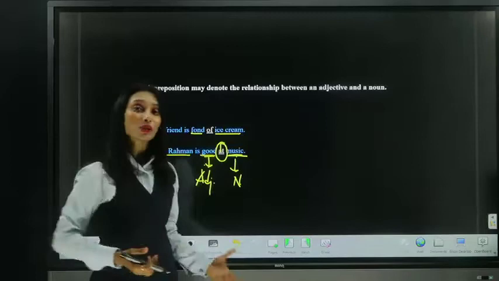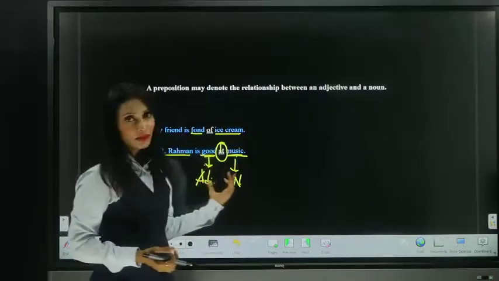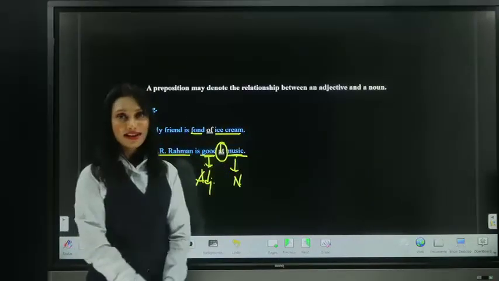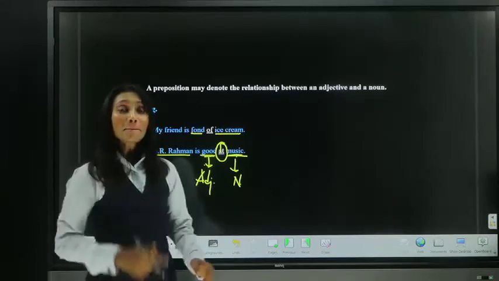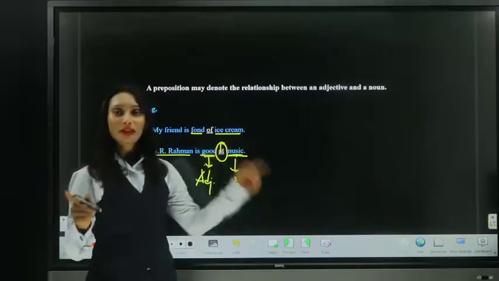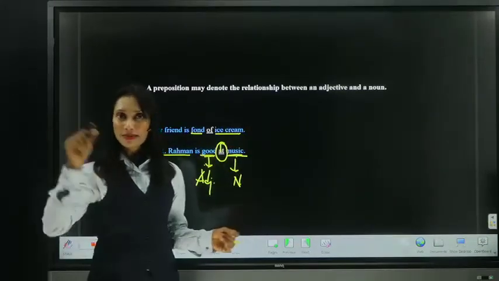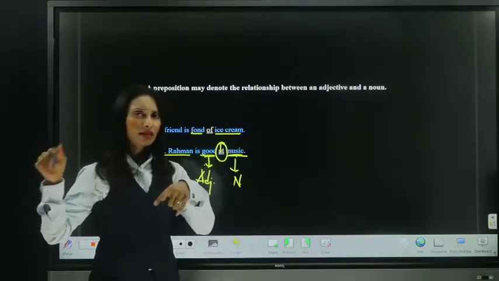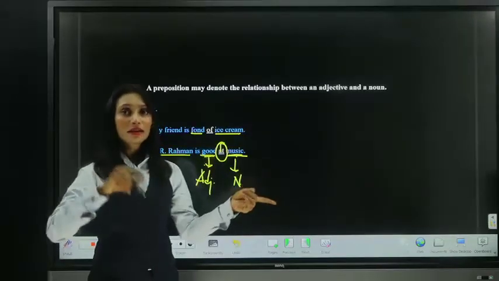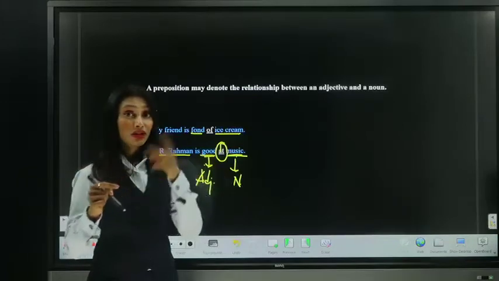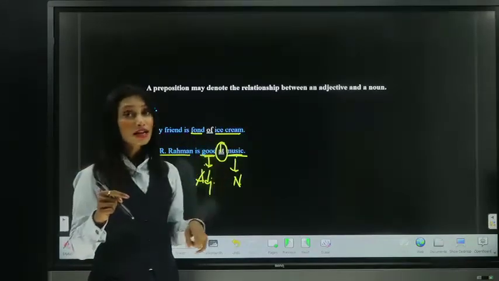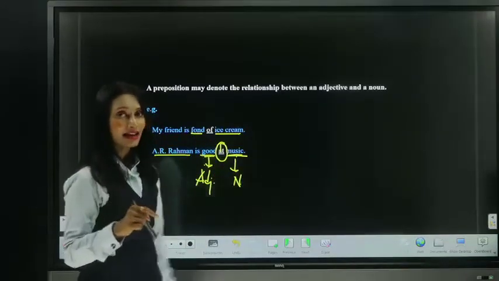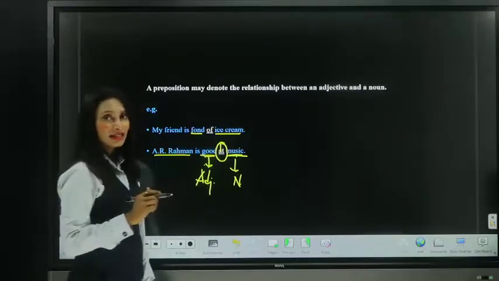Good at music. It shows the relationship between an adjective and a noun. So as we discussed, the position of a preposition can be at the beginning, in the middle, or at the end, between two nouns or a verb and a noun or an adjective and a noun. So just keep these things in mind.